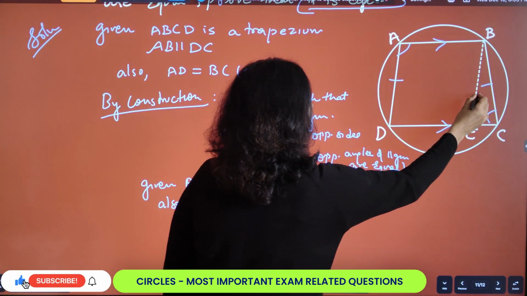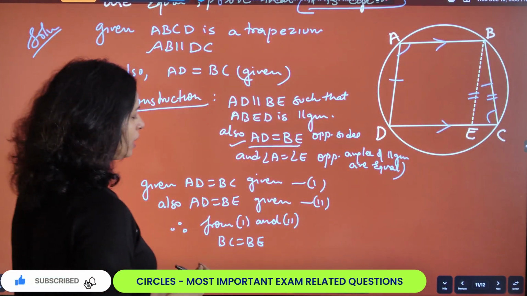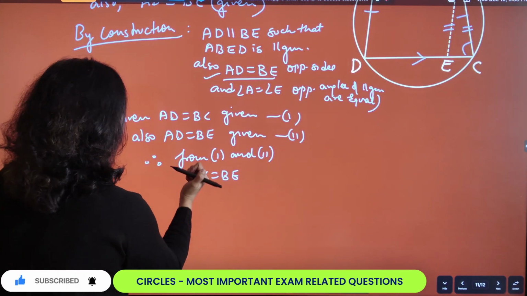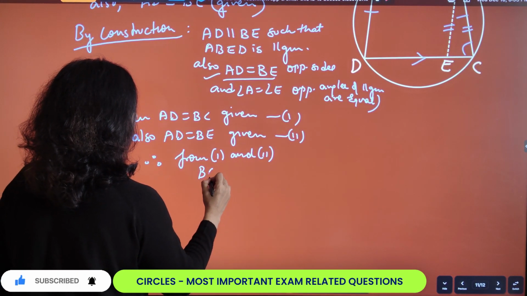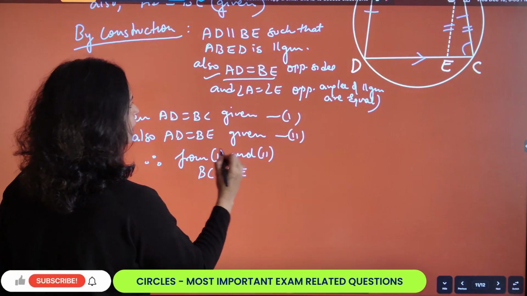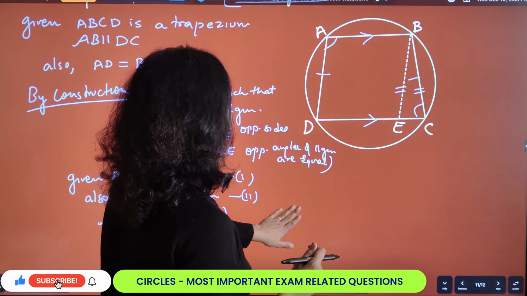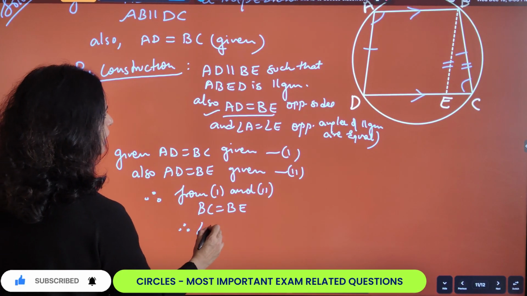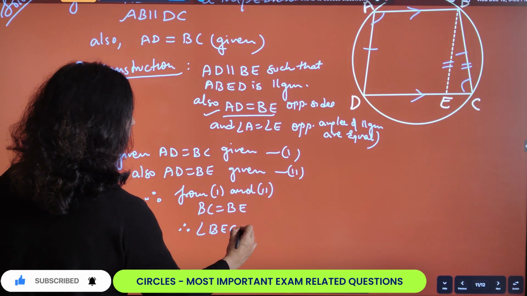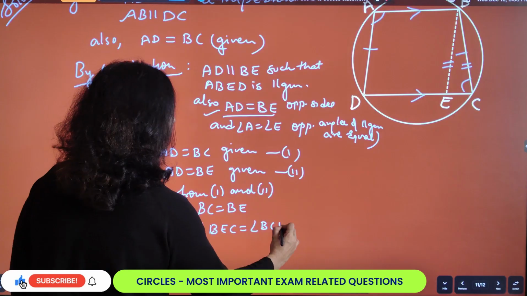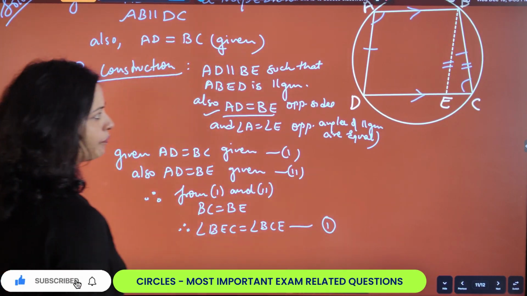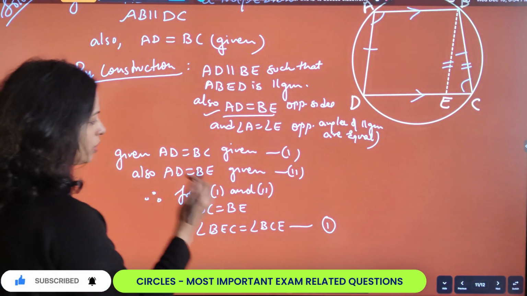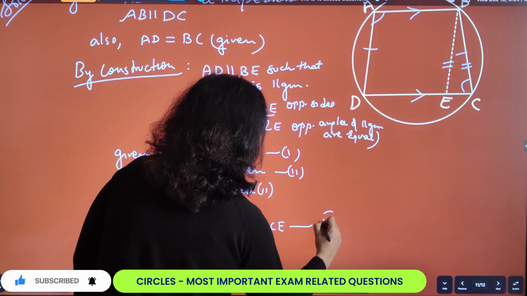So these two sides are also equal. If BE is equal to BC, we can say angle BEC is equal to angle BCE. This is the third part.